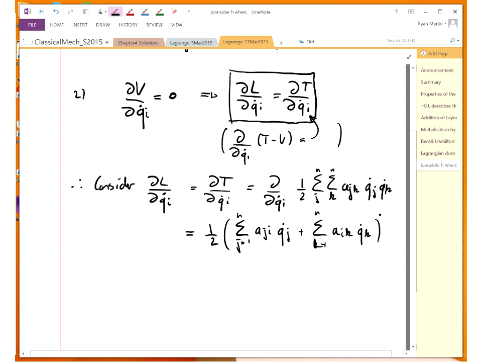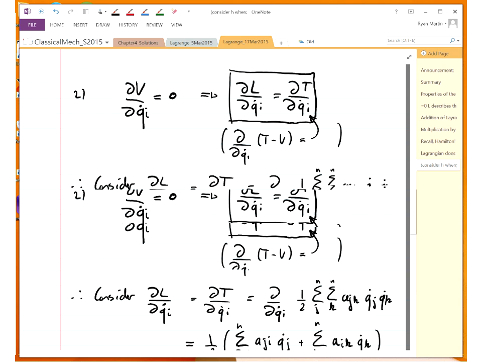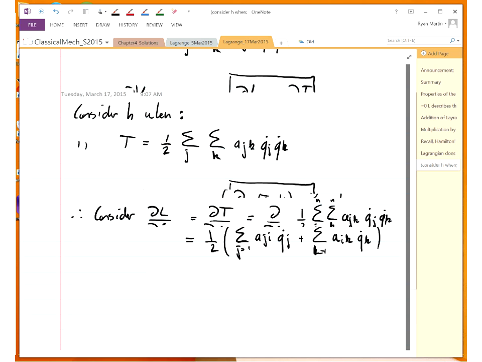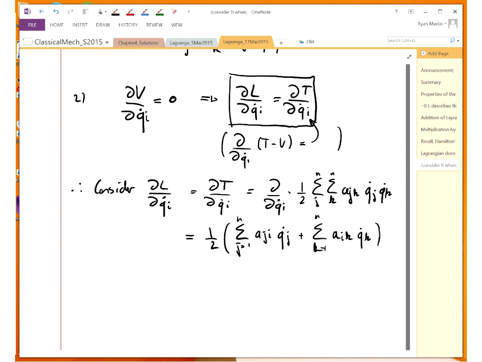So of course now, the kinetic energy, the A_JK coefficients are symmetric in J and K. Alright, so A_JK is equal to A_KJ. So these two sums are the same thing. Right, so it's a half times one thing plus itself again, so it's just the same as one of them.